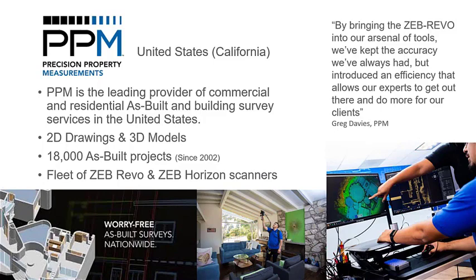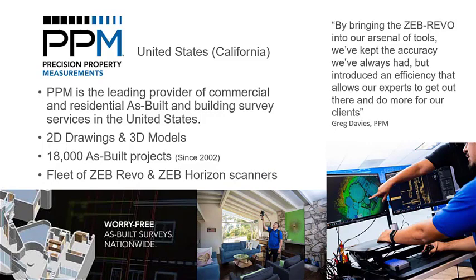same accuracy that they've always been able to maintain with traditional surveying methods, using distometers and things like that. But they've cut their capture time by 10 and really increased their efficiency, and allowed them to just take on a lot more work than they normally would be able to using traditional methods.